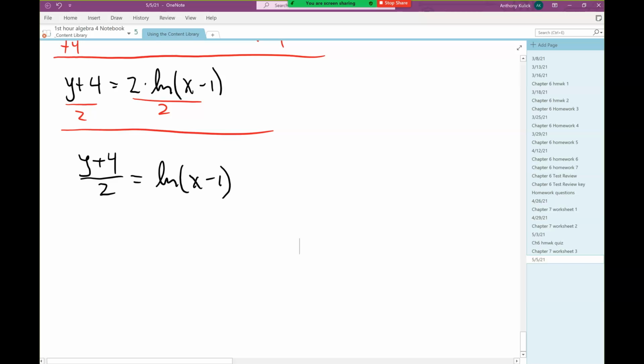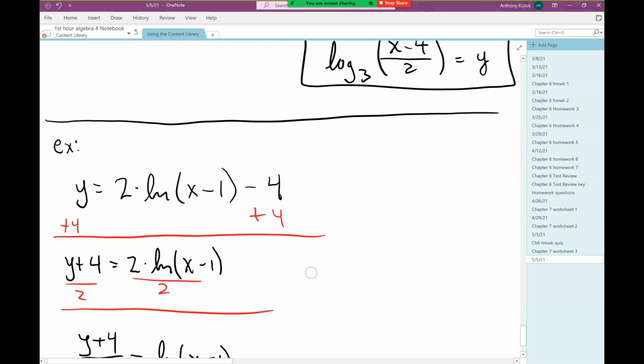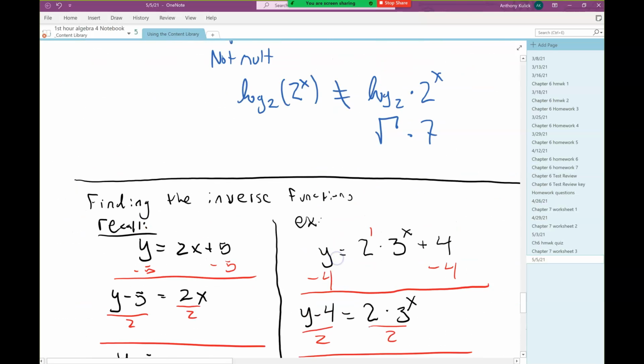I want to use the same base as the base on the logarithm. What was the base for ln? Remember, this was one of those special short forms or abbreviations that we needed to make sure we memorized. We scroll back.